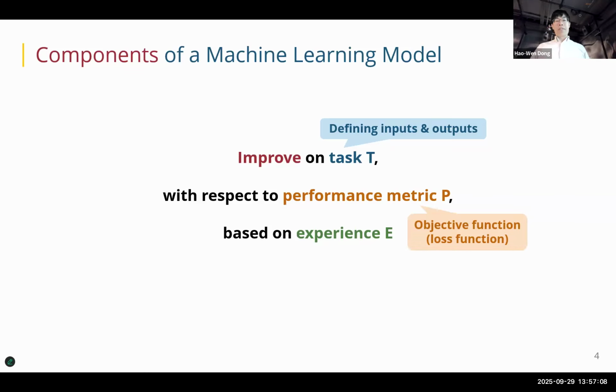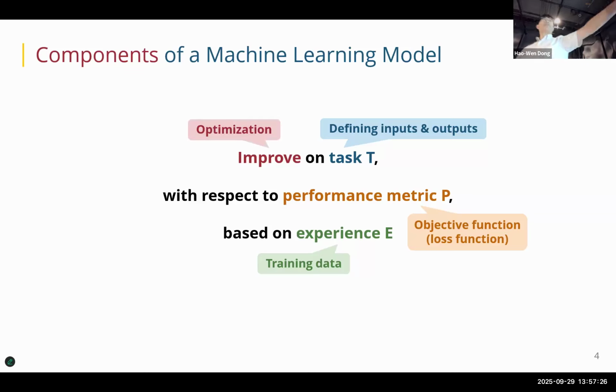We will get to it again and again, as it is one of the most important parts of a machine learning model, but also a deep learning model. And experience E is just the training data that your model is learning from. And by improve, we just need to do a bunch of optimization. So these four components basically capture most of the parts of a machine learning model.